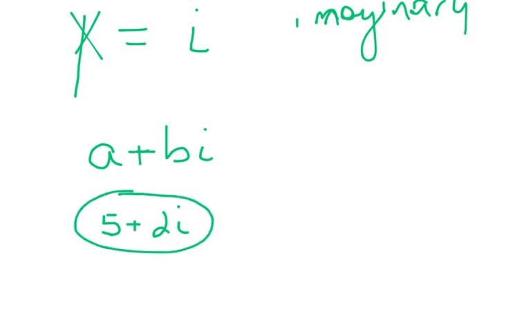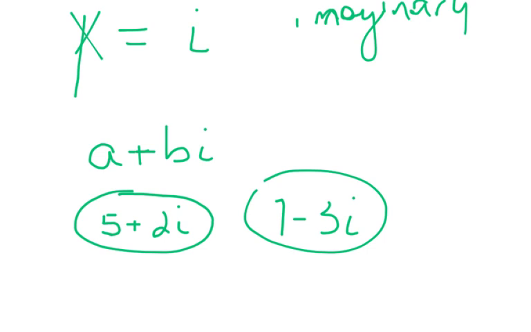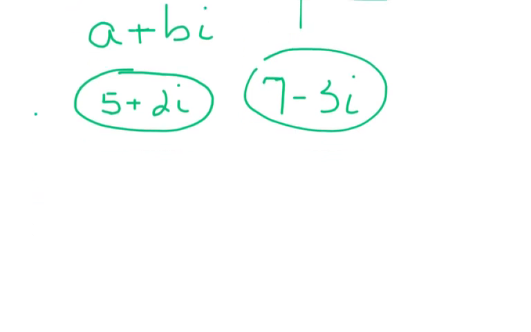Or something like 7 minus 3i. These are imaginary answers. So there's actually an imaginary plane when you're talking about the xy plane. We also have an imaginary plane, and we don't have to worry about that part. But, again, the big thing is that square root of -1 is equal to 1i, hence imaginary. Okay, so we're going to go ahead and write some of these.